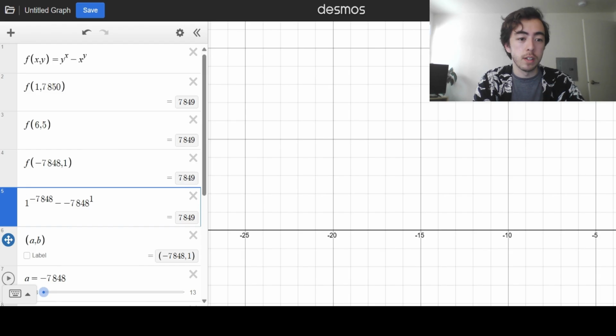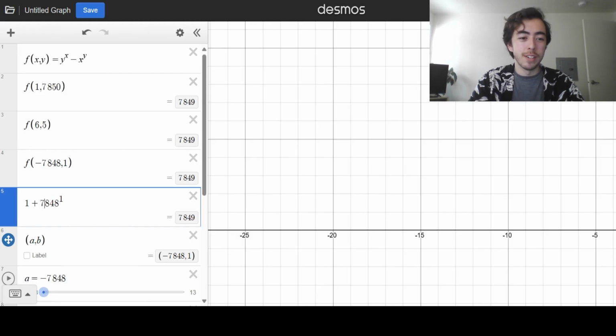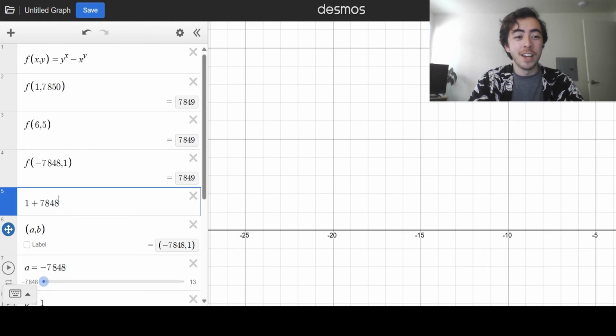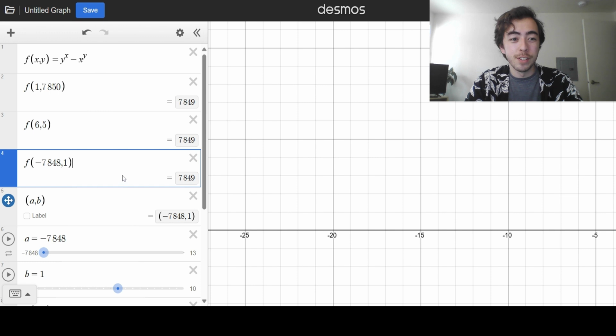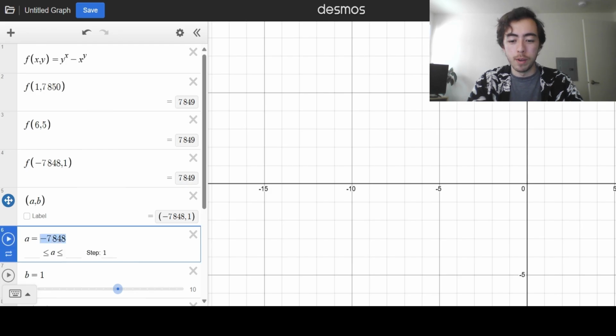Yeah, this makes sense to me, because 1 to the power of anything is just 1. And since we're subtracting a negative, we actually do get a plus sign here. And then power of 1 doesn't do anything. So wow, there's a third solution in the integers, and we had to search in the negatives. That's kind of cool. Let me get that point back on the screen.